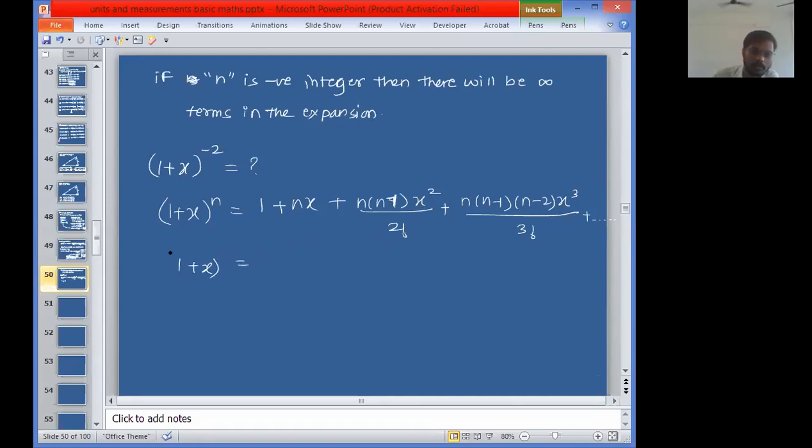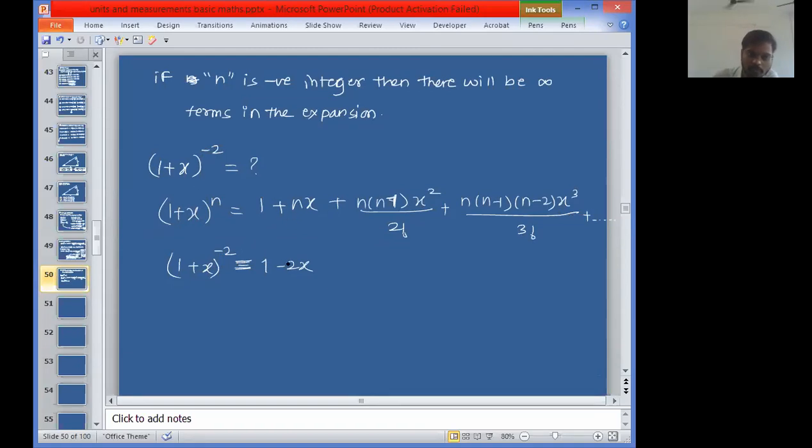1 plus x bracket raised to minus 2. In that case, 1 plus n times x means this power and x multiplication. Power is minus 2, x is x, so minus 2x. Note that n is minus 2.